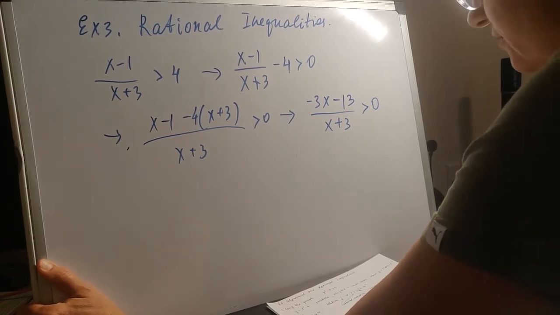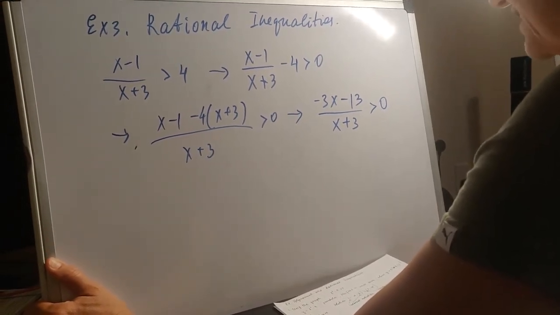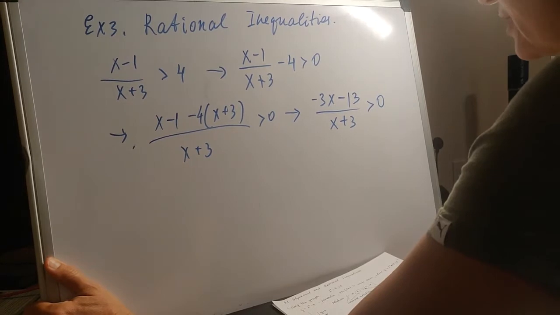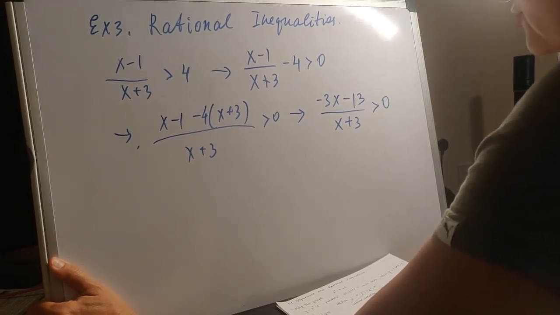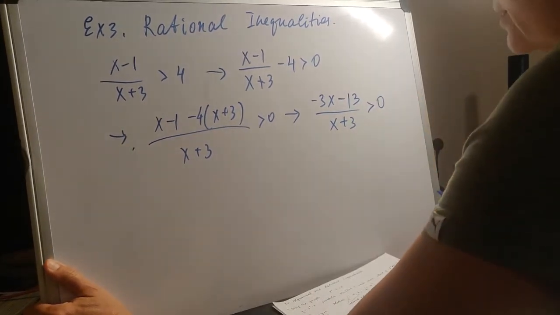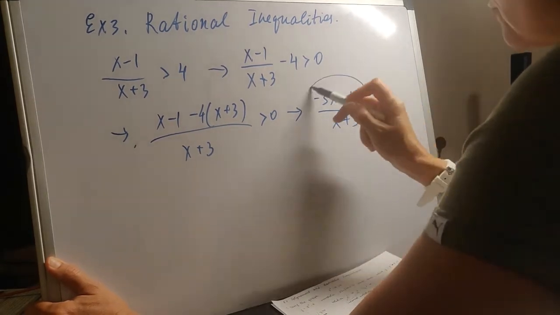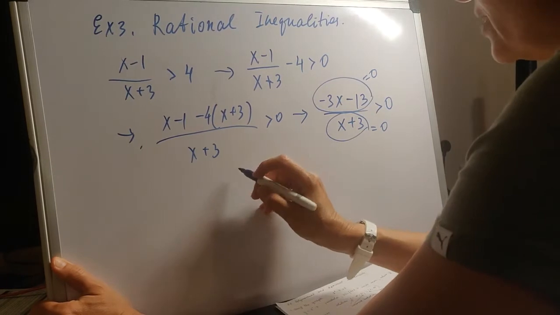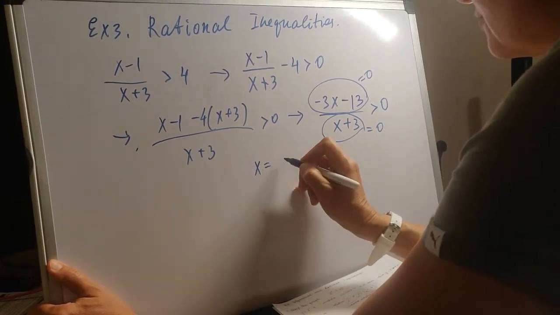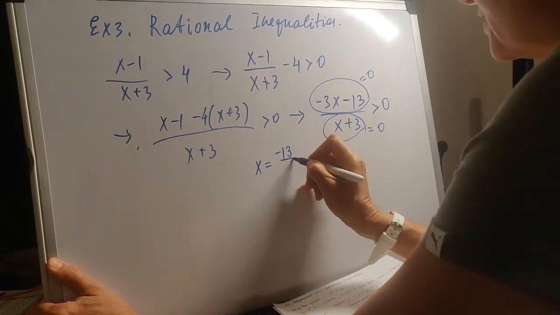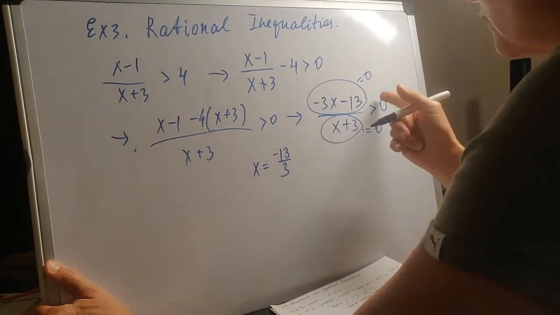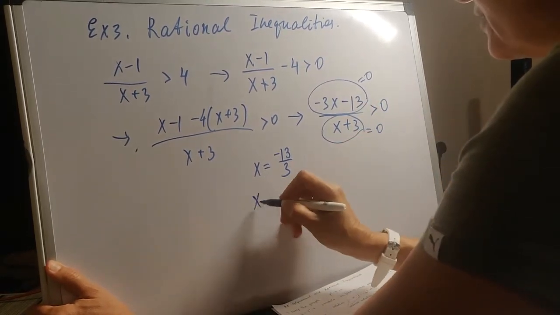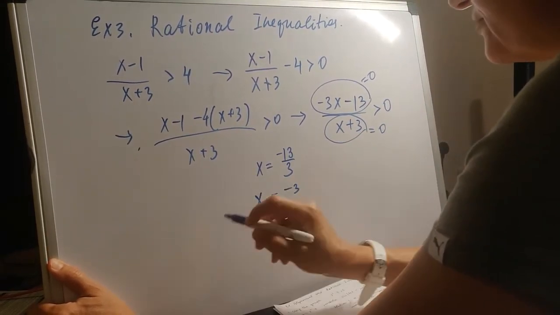Again, I'm going to use the intervals method, so I'll need to find zeros of all factors here. We don't have any factors, actually we have a numerator and denominator, it does not matter. So I'm going to search for the zero of this, and I'm going to search for the zero of this. One of them is going to give me x equals negative 13 over 3, imagine that I move this over to this side. And one is going to give me x equals negative 3.